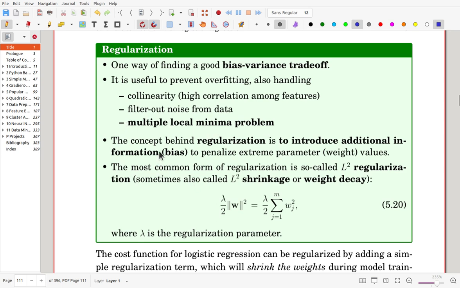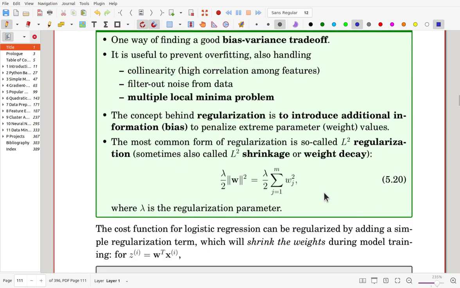The concept behind regularization is to introduce additional information, which is a sort of bias, to penalize extreme parameter weights. The most common form of regularization is L2 regularization, sometimes called L2 shrinkage or weight decay.